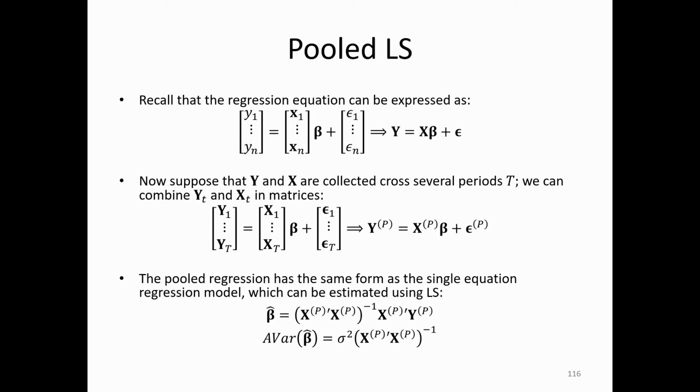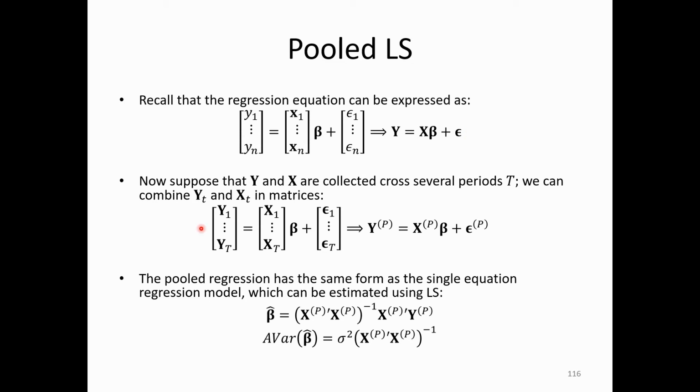The analysis of independently pooled cross-section data is quite straightforward. Recall that the regression equation for the cross-section data can be expressed in matrix form as y equals x beta plus epsilon, where y is the vector containing the values of the dependent variable, x is the matrix of explanatory variables, and epsilon is the vector of error terms, one for each observation.